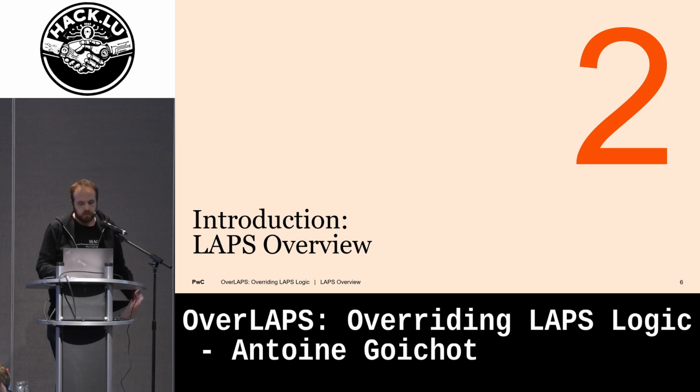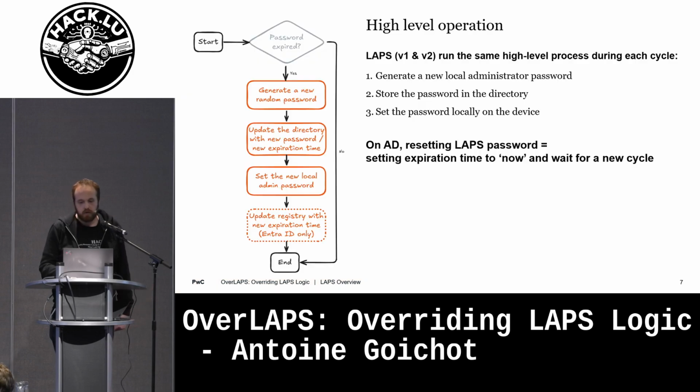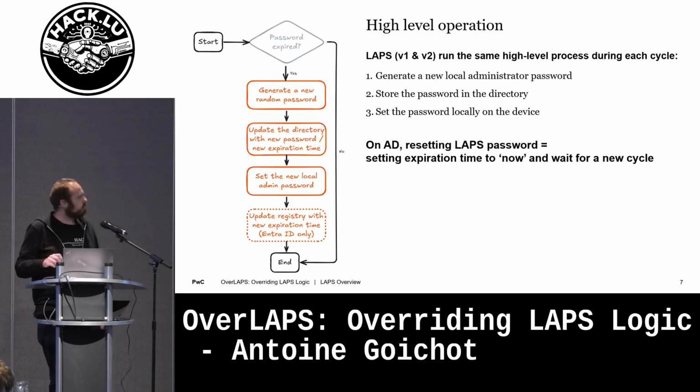So now a quick introduction about how LAPS is working. From a high-level perspective, LAPS V1 and V2 run with the same operation when you need to refresh the password. First, you generate a new local admin password on the system, then you send it to the directory, and you send it to the local device.